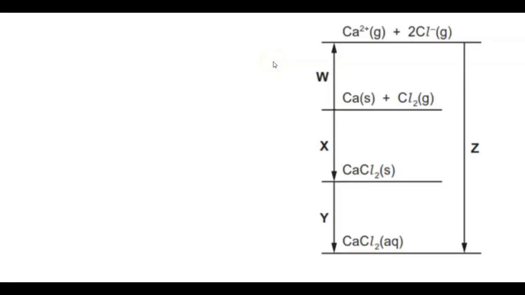Okay, W we have already calculated. It is plus 1477. The value of W is plus 1477. And we want to calculate the value of Z. Although we know that Z is the hydration energy for calcium and the hydration energy of chloride ion, we want to calculate the total value of Z. X is a delta H of formation, so we will write the value of delta H f for calcium chloride, which is minus 795.